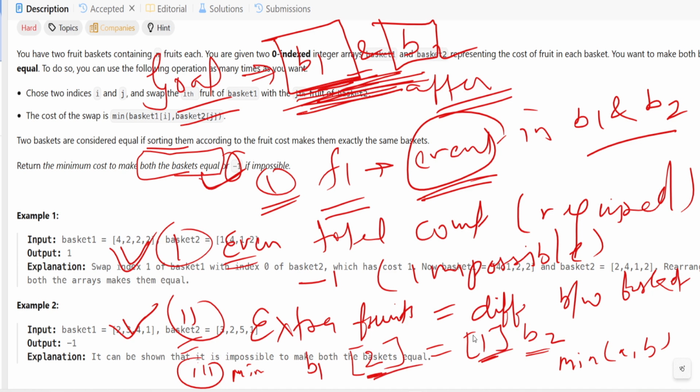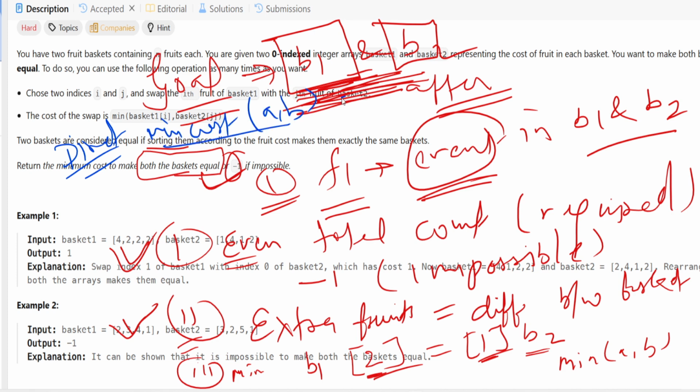But sometimes it's cheaper to use a smaller fruit swap, as we have seen. So how does the minimum swap work? If we do the direct swap, the min cost will be A, if A and B are taken.